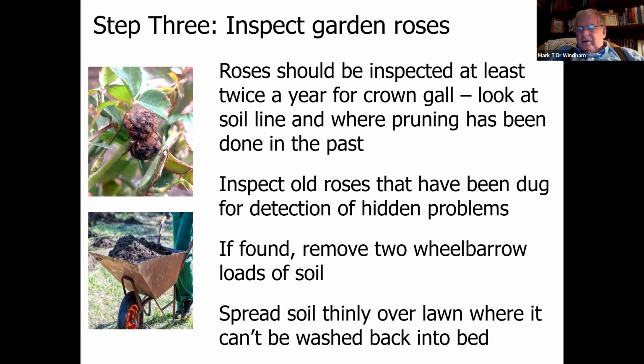Well, the grass in your lawn is a non-host. So I'm going to go to a part of my yard that the water is not going to drain back into my rose beds or my other flower beds or to my vegetable garden, because many of the vegetables I'm going to plant are going to be susceptible to crown gall.